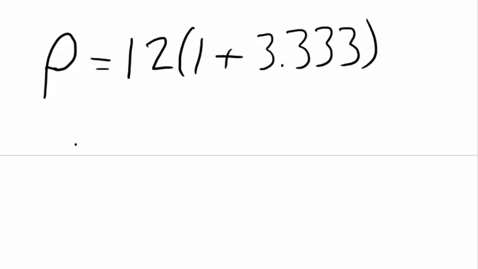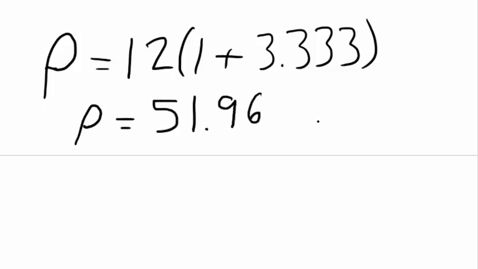And by using a calculator, we find our price using the optimal markup to be $51.96. So due to demand being high for this item, we would charge a much higher price than what we paid for it. And due to it being the optimal markup, we would reach our maximum profit that we could achieve by selling this item.